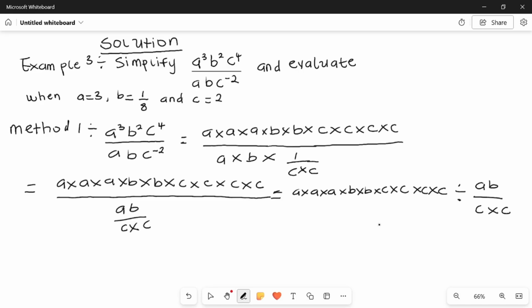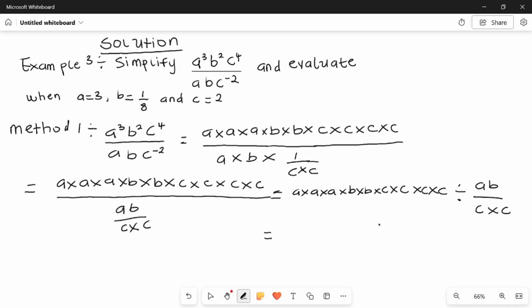So this same thing here is the same thing as this, because the whole of the numerator is dividing the denominator. So we can write it like this. This method one is kind of long, but in the next method I'll make it very short for you. So if you prefer method one, you use it. If you prefer method two, you use it.